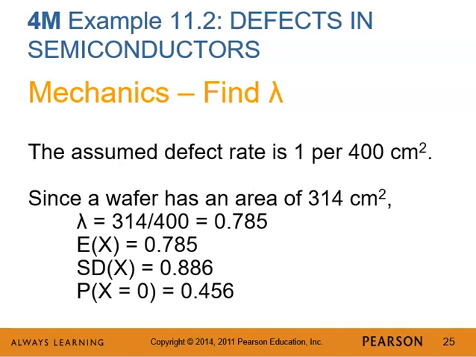So the assumed defect rate is 1 per 400 square centimeters, and since the wafer has an area of 314 square centimeters, the lambda is going to be 314 per 400 square centimeters, and lambda will be 0.785. And to calculate the mean and standard deviation, mean is equal to lambda.